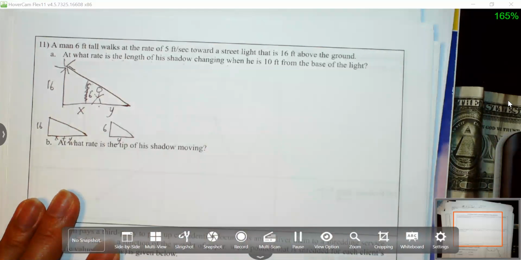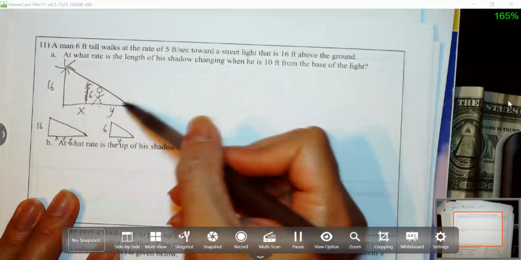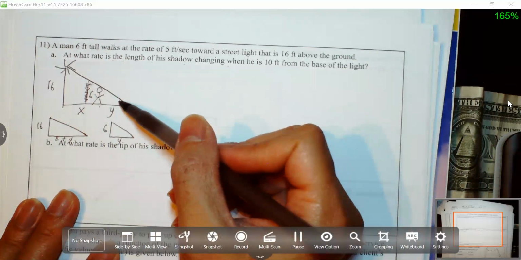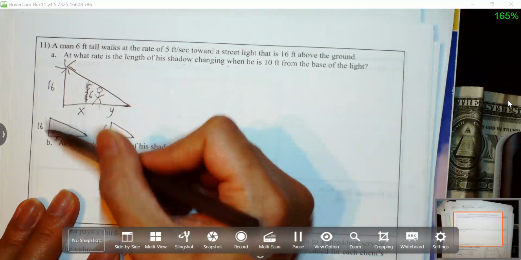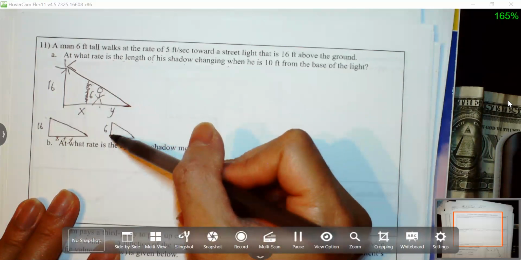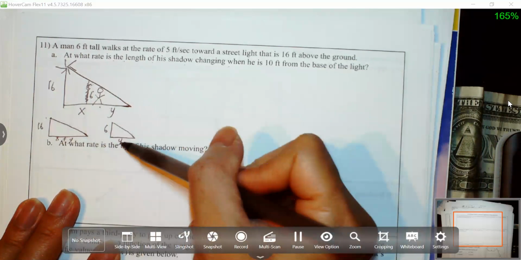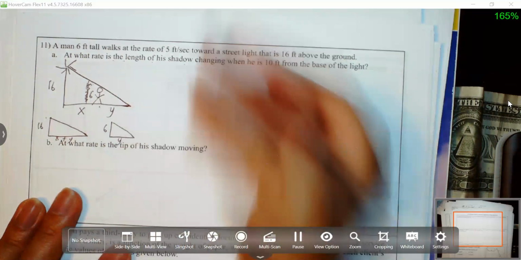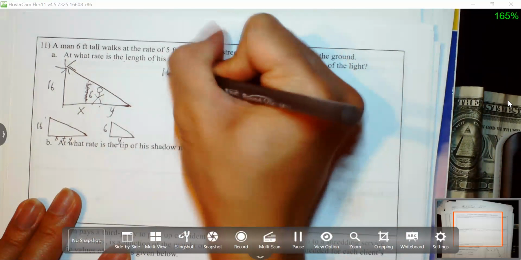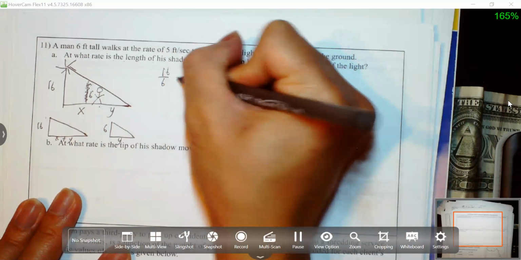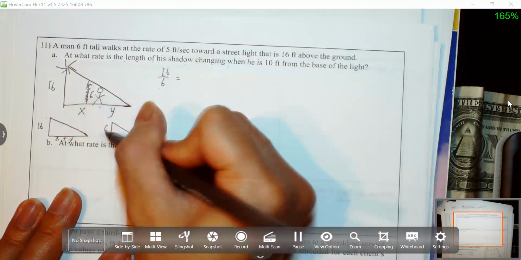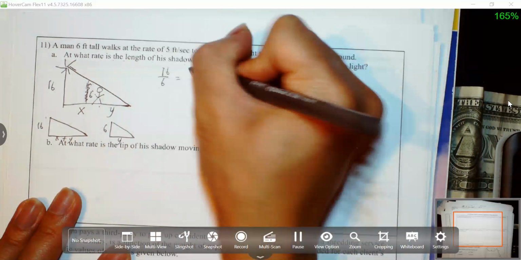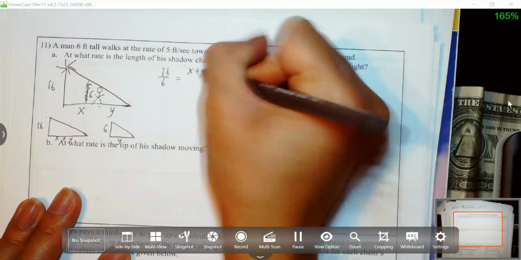Since they share the same angles, you know they are similar triangles. So you can set up a proportion where the corresponding sides are in proportion. I could do 16 over 6, big over small, is equal to the base of the big triangle over the base of the small triangle.